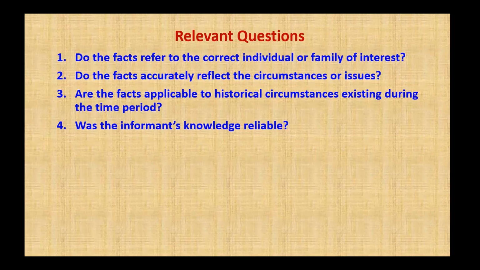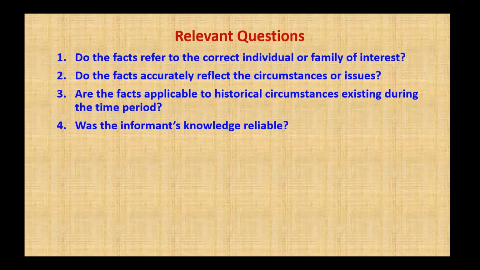Finally, was the informant's knowledge reliable? Some things to consider: the reputation of the informant and what their relationship was to the person. Do they have a history of being truthful, or have they been known to play fast and loose with the truth on occasions? This is applicable to any type of information.